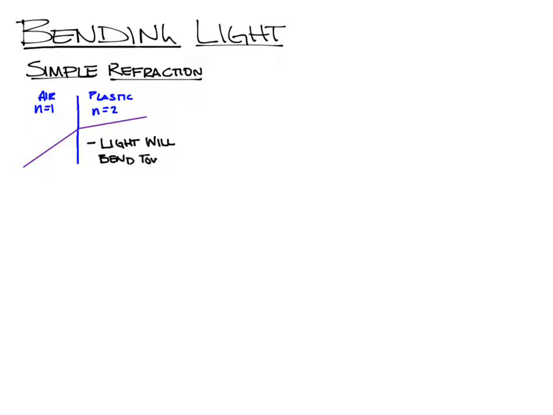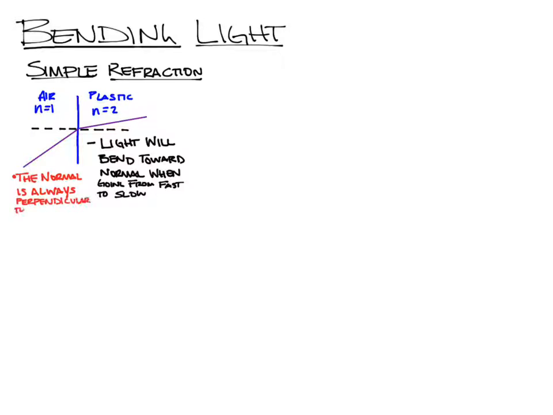It's going to bend towards the normal line because it's going from fast to slow. So when the light slows down, it bends towards the normal line. And just to remember, our normal line is drawn perpendicular to the surface. The normal is always perpendicular to the surface. Normal and perpendicular are the same word.